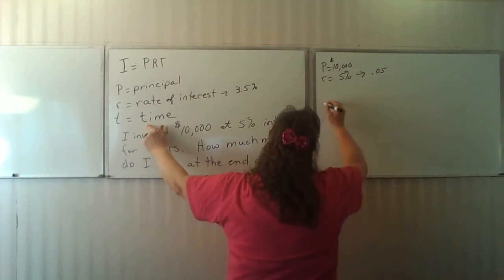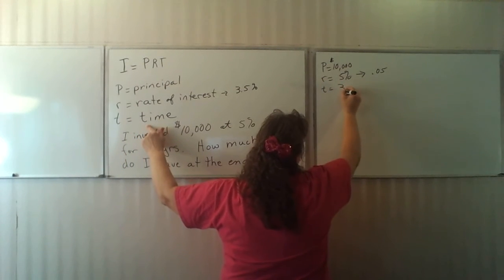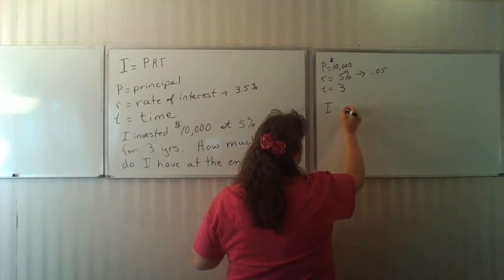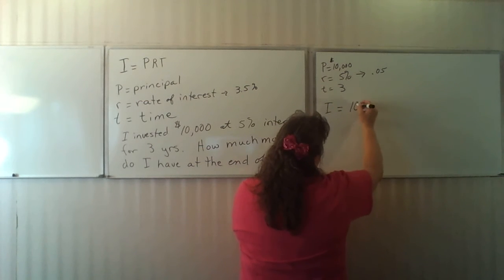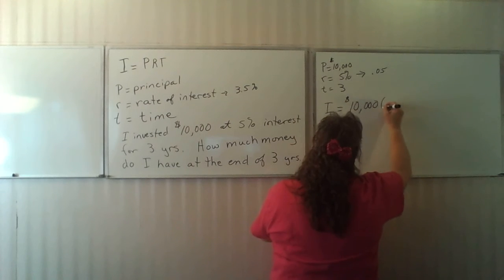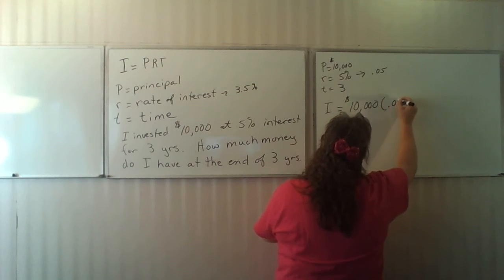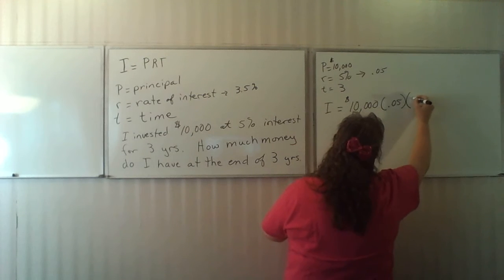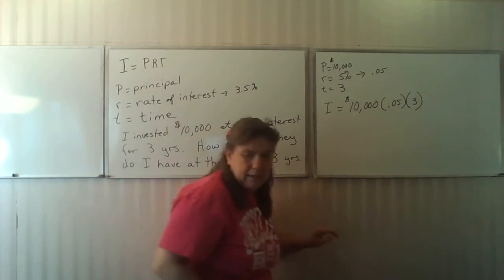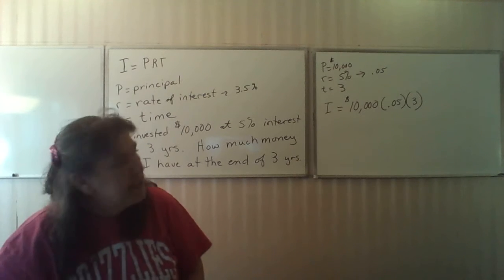And now the time is equal to 3 years. So my interest is going to equal my principal times my rate, which is 0.05, times 3, okay?